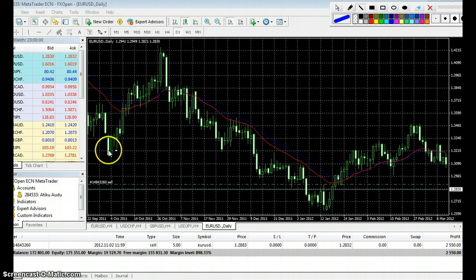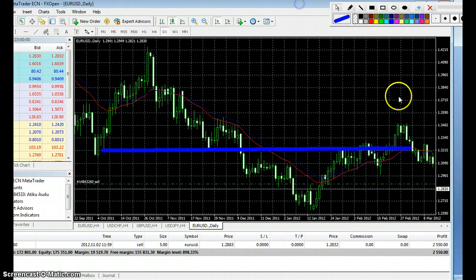As you can see, we have a bit of a low around these regions. We can probably draw a region of support around these regions. So, as you can see, the euro in October 2011 trended lower, got to this region about 1.3215.